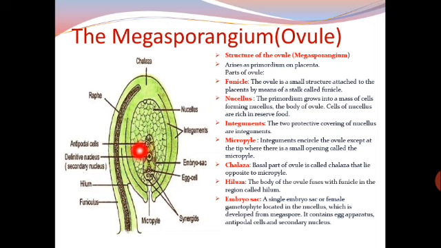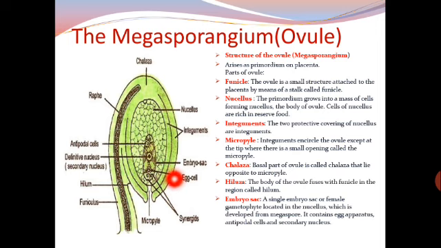Now coming to the next, the embryo sac. This is the embryo sac. It is called the female gametophyte. This is located in the nucellus, and is developed from the megaspore. The embryo sac consists of the egg apparatus.